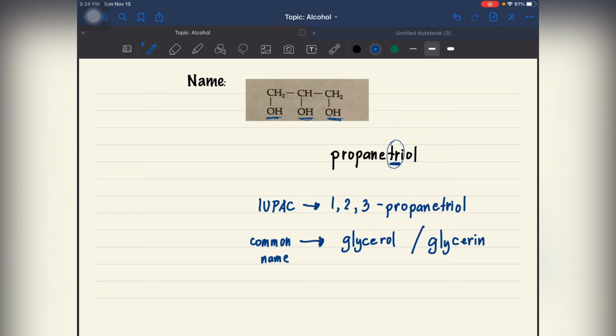So, ganyan lang siya. Kaya siya naging propane triol kasi tatlo yung kanyang OH na nakadugtong dyan. Pero kapag dalawa lang, magiging propane diol siya. Ito magiging di kapag dalawang OH lang yung present.